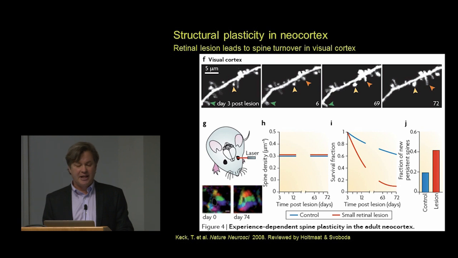One would typically take a transgenically labeled neuron that expressed a fluorescent protein and image the dendrites, or axons, but in this case the dendrites or the spines on a dendrite in the cortex, and just look at the individual synaptic spines.